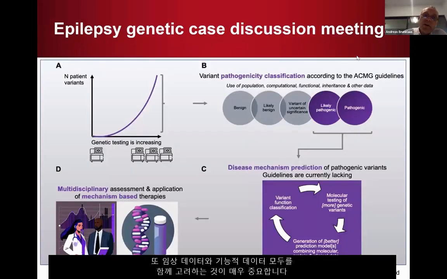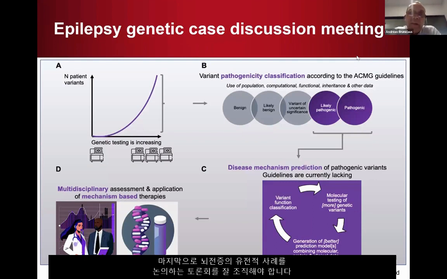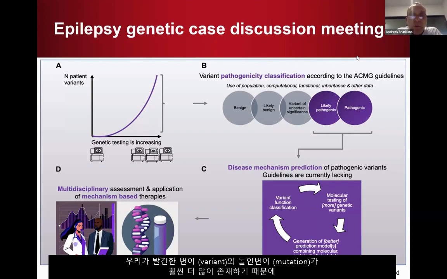That's really, really important. That brings me to one of the last points: we really need to start having organized epilepsy genetic case discussion meetings. We've got so many more variants and mutations that we find, and they will be classified according to pathogenicity by our genetics colleagues. However, now we also need to discuss the evidence of functional consequences, what we can predict, and the clinical presentation, which is really important.